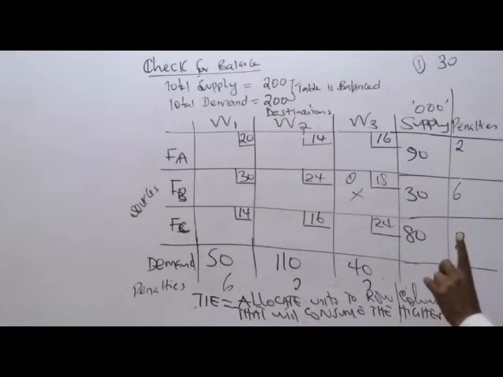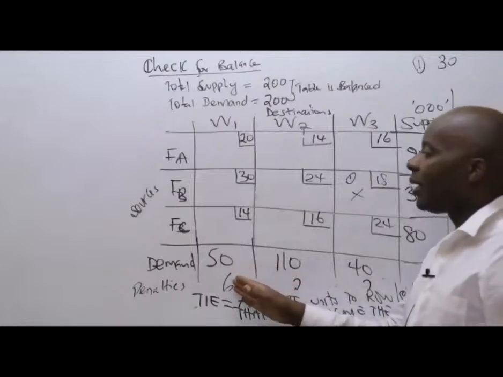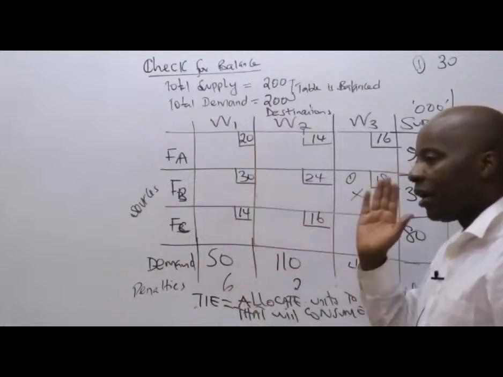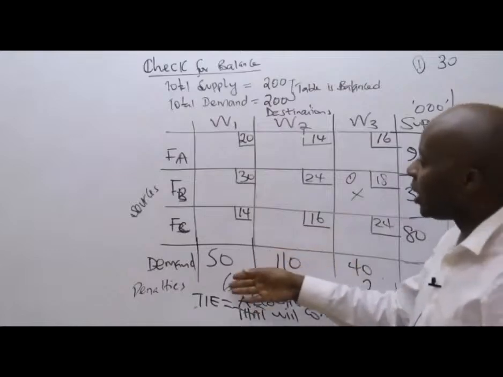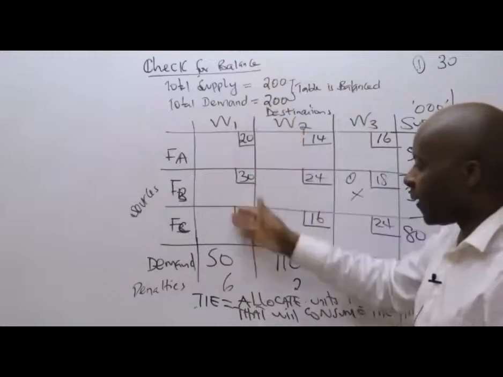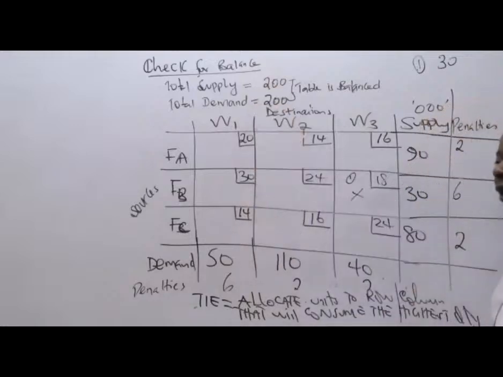Now listen, come to this other column that has got 6. Remember, you're being guided by the highest what here? Penalty. So this one here that has got 6 will take me to which cell? The cell which has got which cost? Remember, as I'm walking along my column, as I'm walking along my row, I must always be guided by cost minimization.